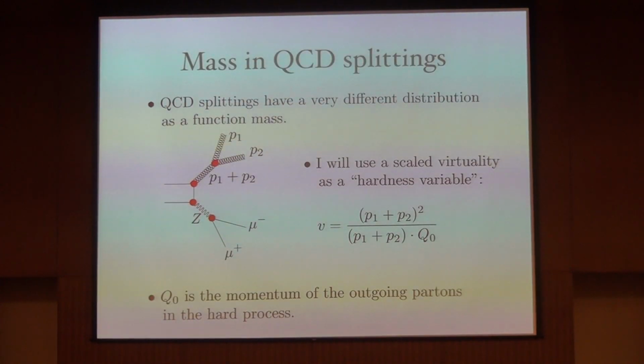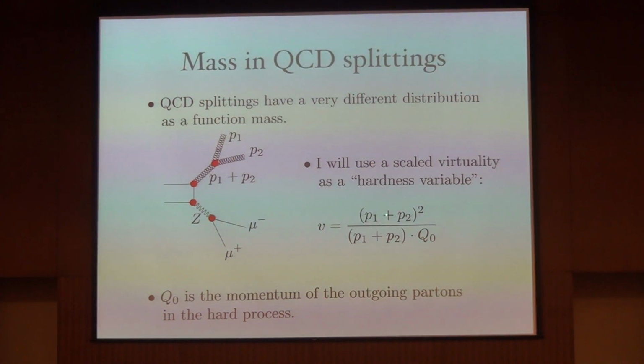Okay, so we learned that we should be talking about masses. Let's talk about that. How about masses in background, in QCD events? So here I drew a gluon splits to 2 gluons. And how about the mass of the 2 gluons?